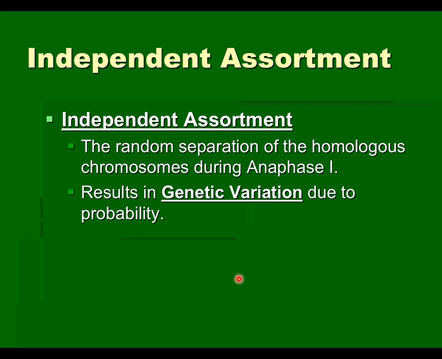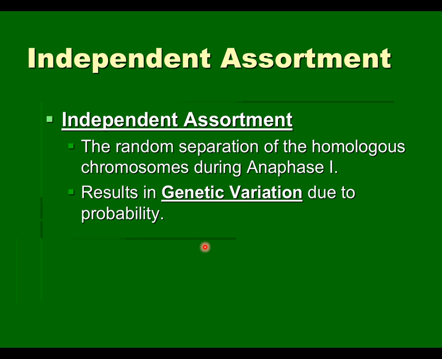Now, this next one will probably take a little bit longer to talk about, but we'll try to assign some quantitative information to it. Basically, remember, independent assortment is the random separation of homologous chromosomes that occurs during anaphase 1.